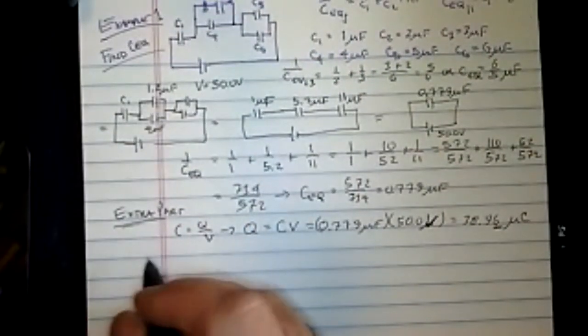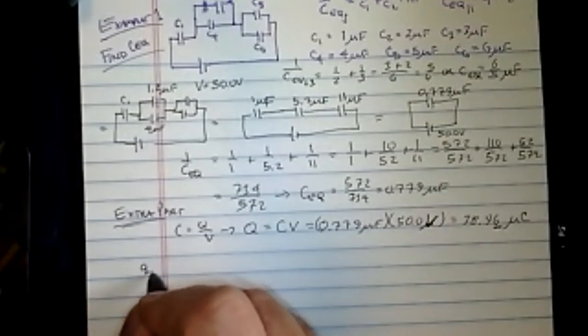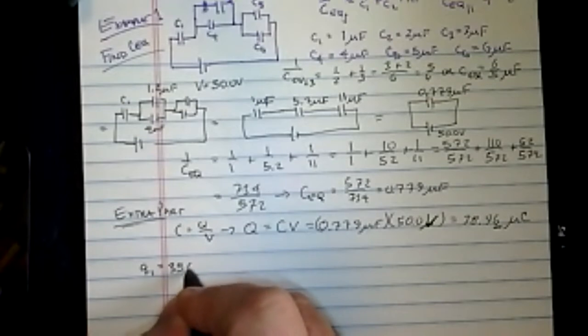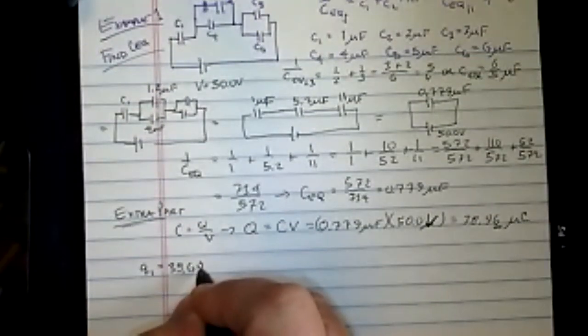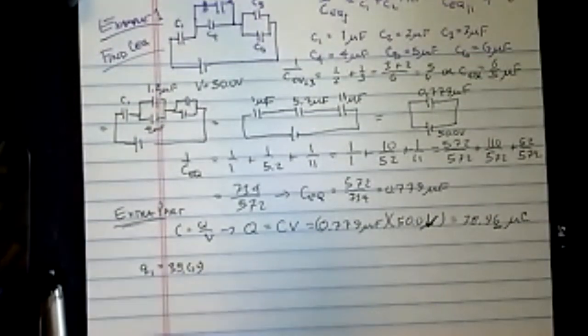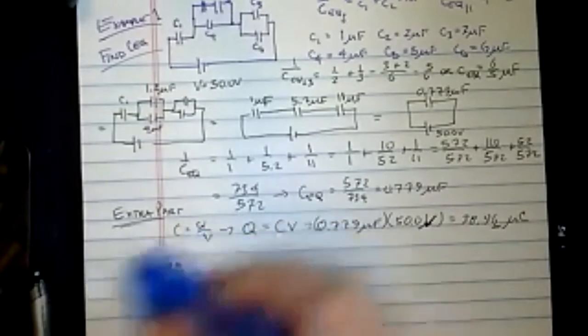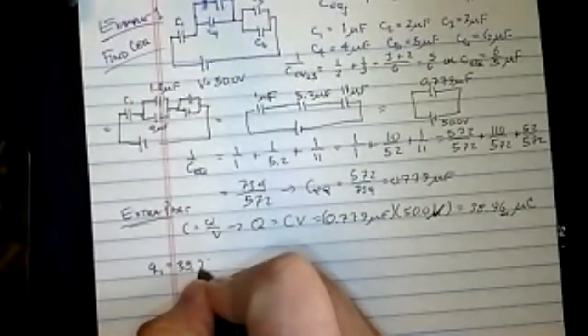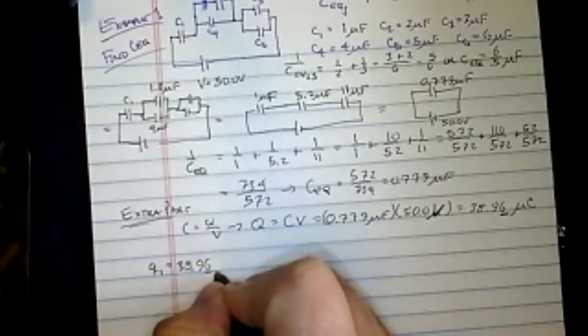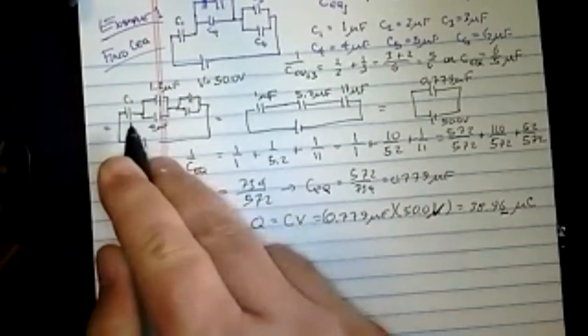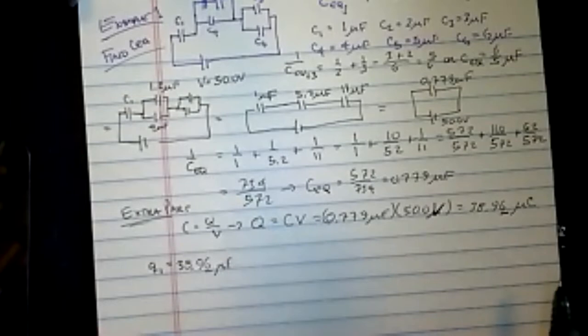So first off, I can see that Q1 is going to be 38.96. Whoa, I wrote that backwards. I got dyslexic all of a sudden. So that's 38.96 microfarads. That's what's going to be on that capacitor right there.